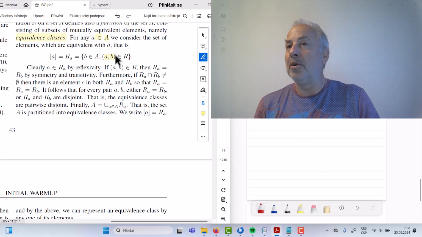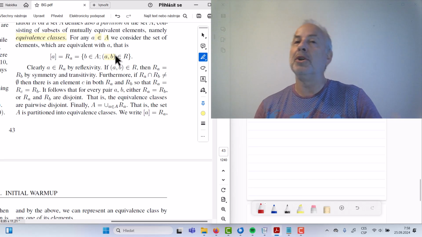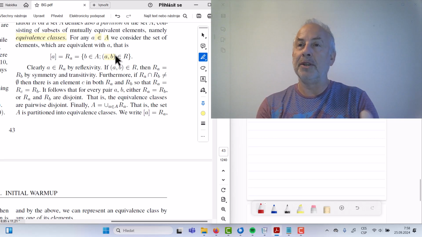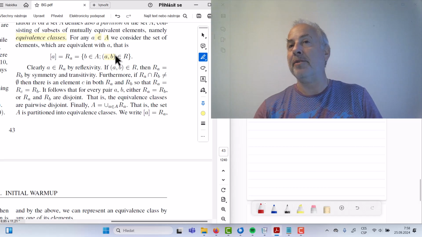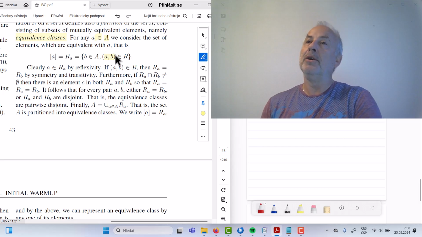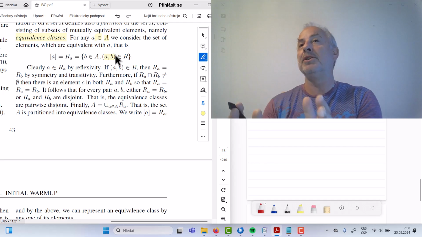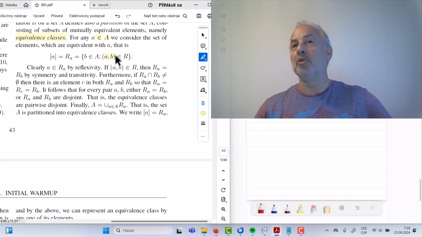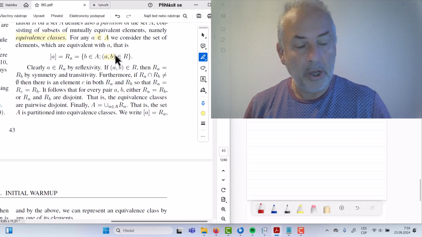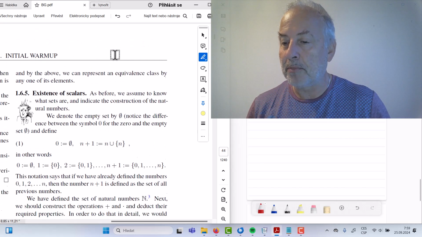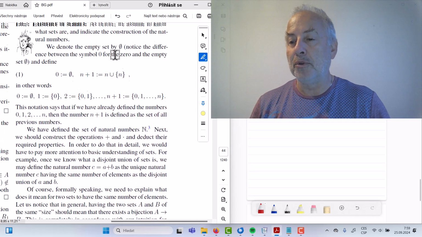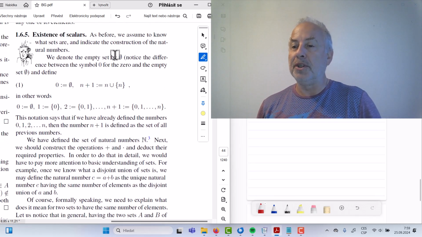And once you can't find any other ones, you've got all the equivalent ones, and then you can have a look at the set. If there is something remaining, you start with that one and again find all the equivalent ones, and you get the next folder. In the end of the procedure, all the folders will be just the equivalence classes. Right, and now we can come to an example of how to work with these things.